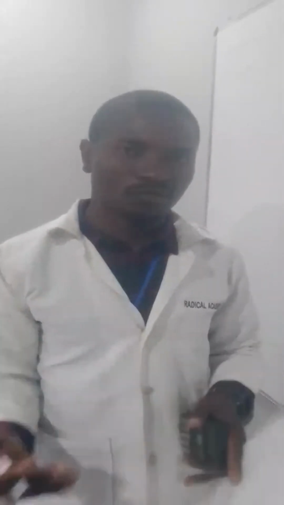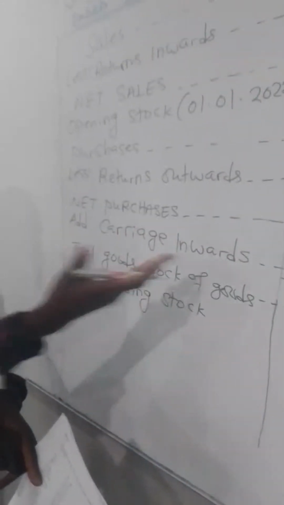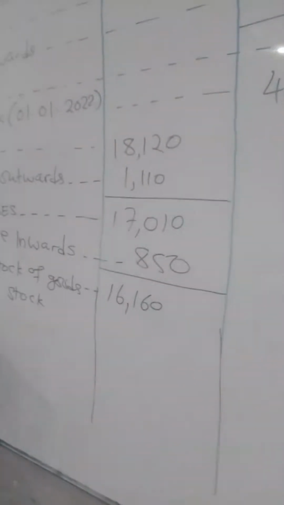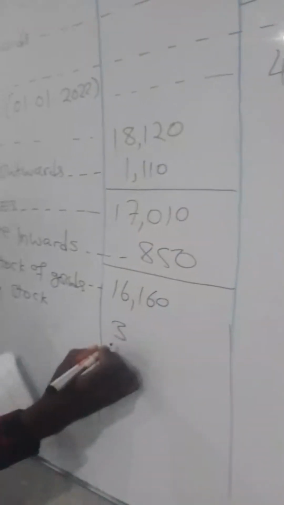Closing stock is just the amount of goods that remained in the business before you close the business, because maybe around 20 or 22 hours you have to close off the shop and do the stock taking to know how much stock has remained in your business. This is the reason why you subtract it from what is available in your shop. So the closing stock is 3,830.